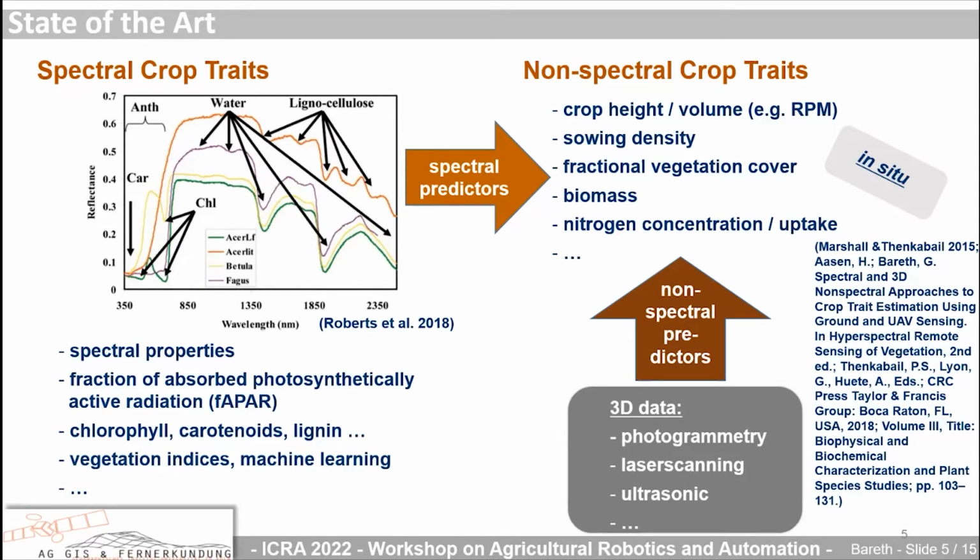Especially biomass is working very well, but it is not used for nitrogen concentration and uptake. It's no wonder it's a discussion, and not all colleagues agree with the idea to use 3D data like point clouds or surface models for nitrogen retrieval.